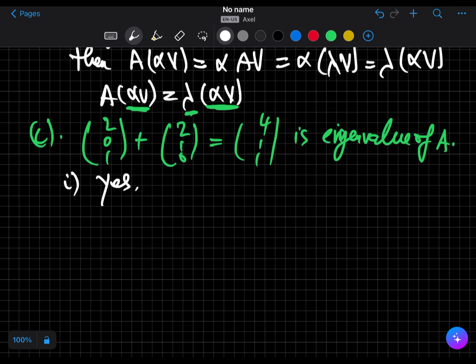Because the sum of two eigenvectors of a matrix is again an eigenvector of that matrix, isn't it? Yes, and it's the case, right? Because the sum of two eigenvectors of a matrix is again an eigenvector if the two eigenvectors correspond to the same eigenvalue, right? And you can see the proof of this in your lecture notes.